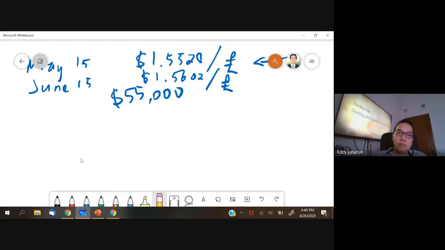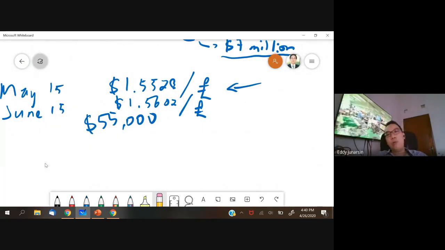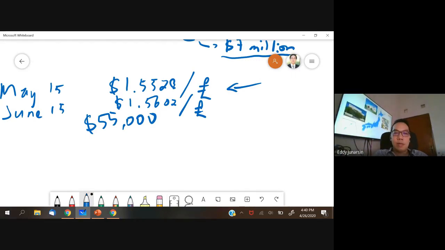Okay, so what is happening now? On May 15, to get £1, you have to sacrifice 155.28 US dollars. On June 15, to get £1, you have to exchange 156.02. So for the last 1 month, pound has appreciated, right? Think about it again.